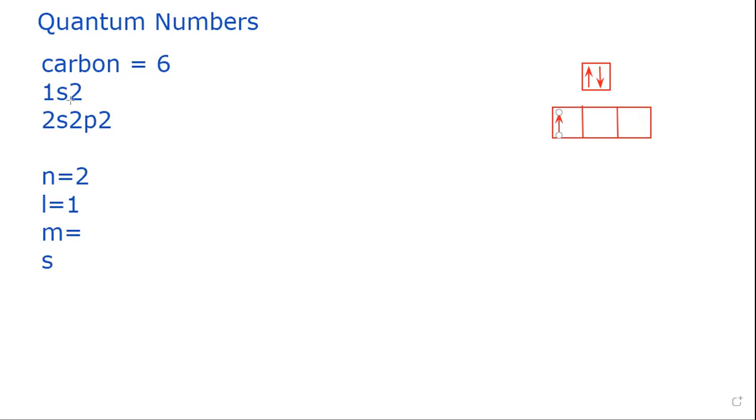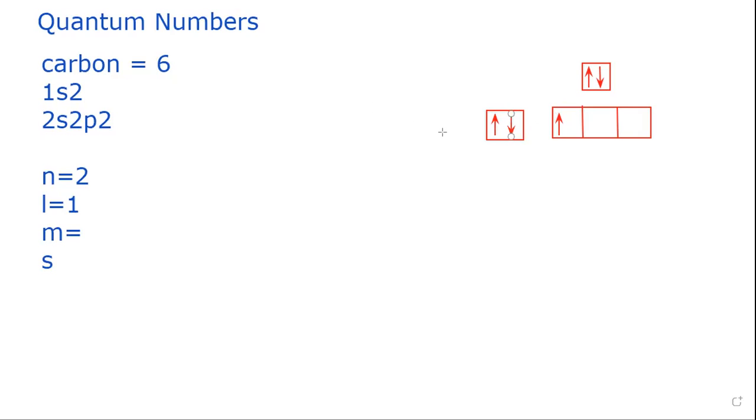The second energy level would have 2 sublevels, S and P. By the way, let me draw S here, which is 1 box with 2 electrons, one pointing up. I'm going to explain this about the pointing up and pointing down in a minute, because this is the last quantum number that we have here.